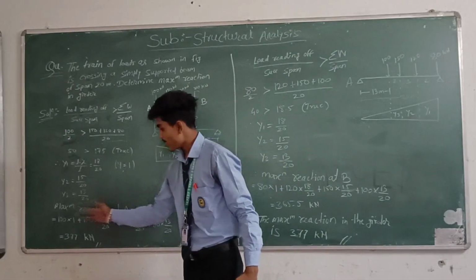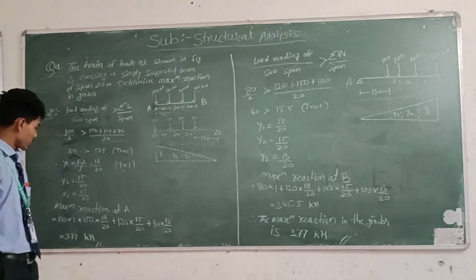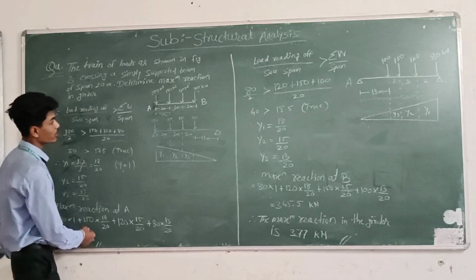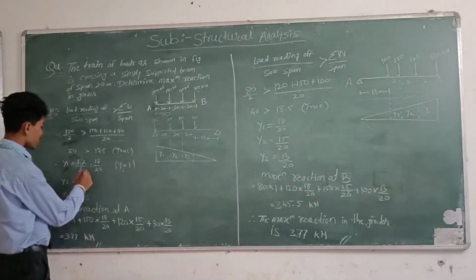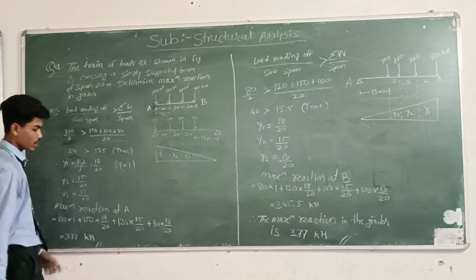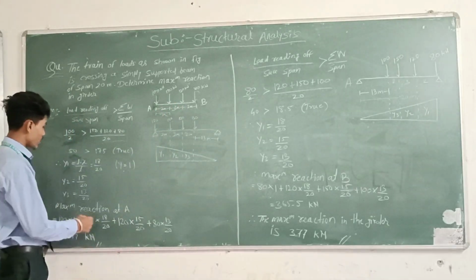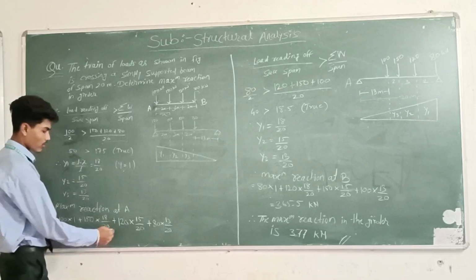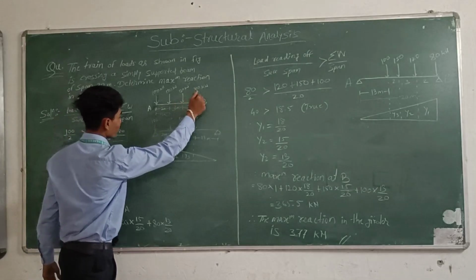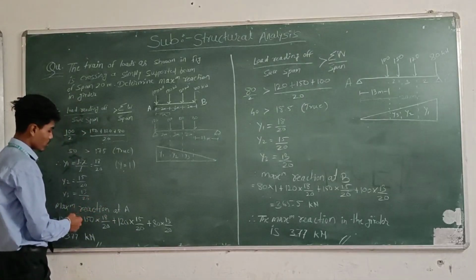Then we will find the maximum reaction at point A. The formula for maximum reaction at point A is 100 into y, where y is equal to 1, so 100 into 1, plus 150 into y1, where y1 is 18 upon 20, plus 120 into y2, where y2 is 15 upon 20, plus 80 into y3, where y3 is 13 upon 20.